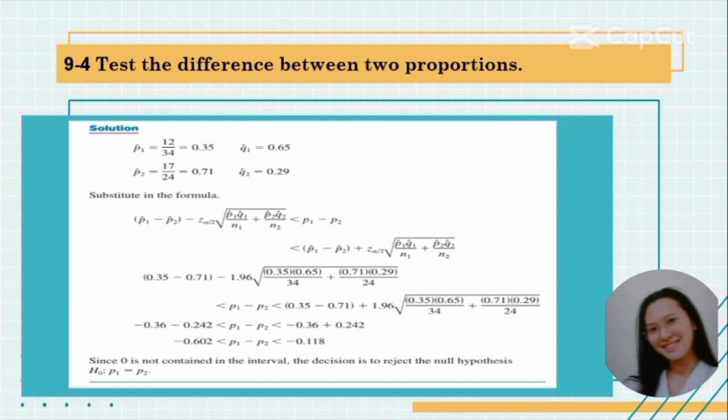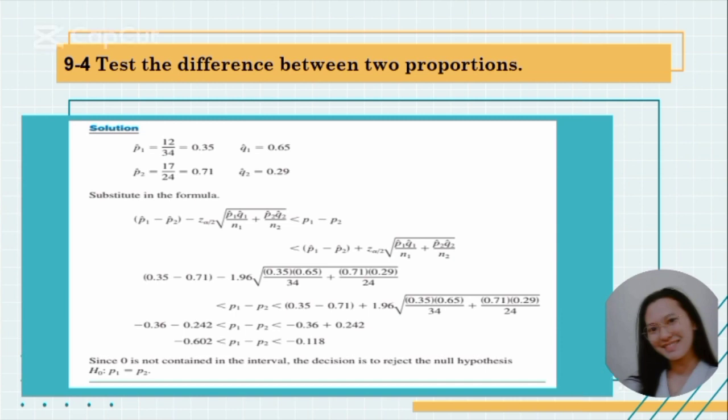P hat sub 1, 0.35, minus P hat sub 2, 0.71, minus z 1.96 times the square root of 0.35 times 0.65 over 34 plus 0.71 times 0.29 over 24, is less than P sub 1 minus P sub 2, which is less than 0.35 minus 0.71 plus 1.96 times the square root of 0.35 times 0.65 over 34 plus 0.71 times 0.29 over 24.